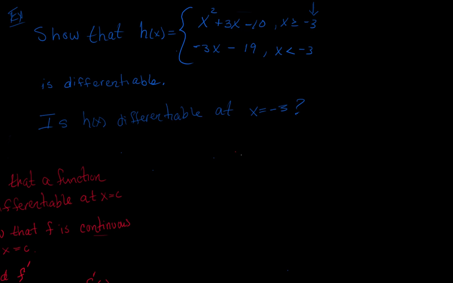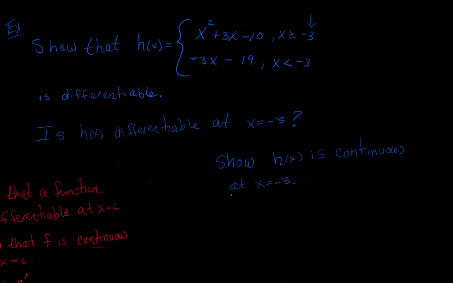So let's show that h of x is continuous at x equals -3.